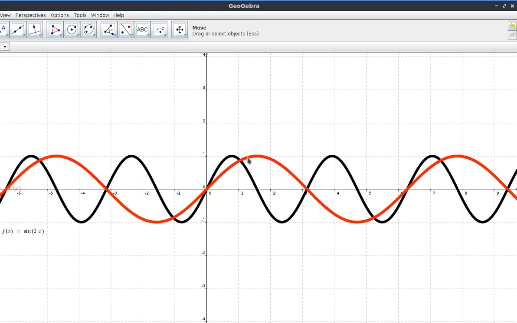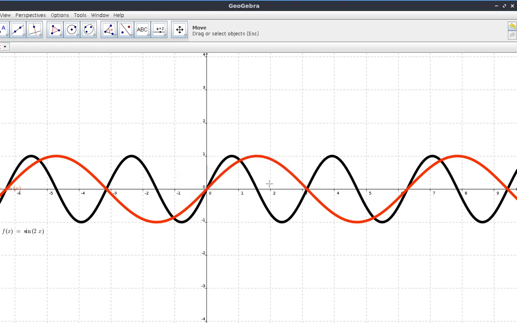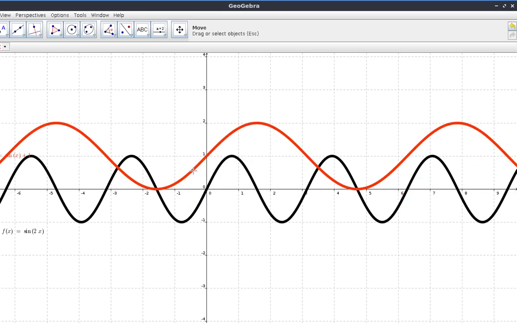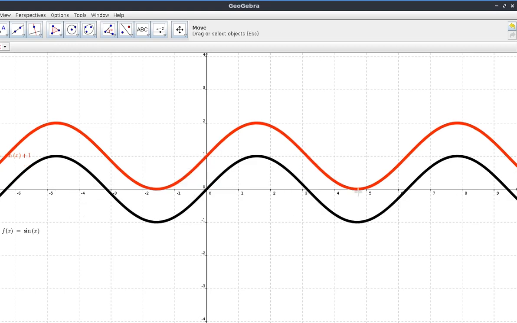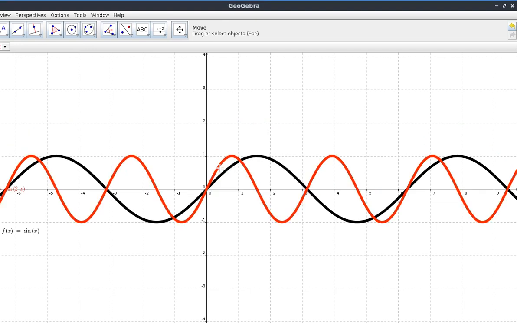Oh, I don't want to modify the black one, it's the red one that I want to modify. Let me do a little adjustment here. Let's put the black one back to the original form, y equals sine x, or f of x equals sine x. Now, let's put 2x in the modified one.